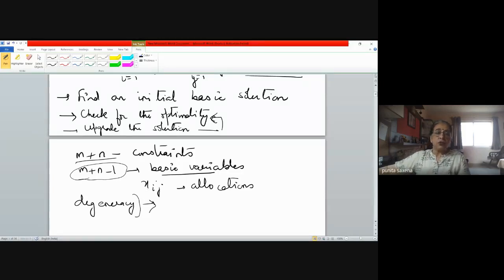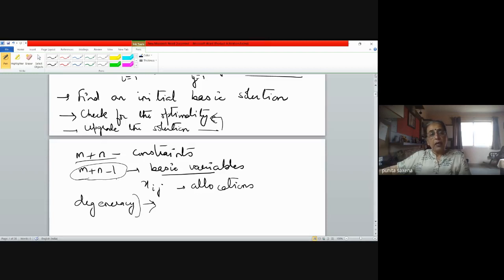Again, I'm repeating the steps. Number one, we have to test whether my transportation problem is balanced or not. If it's balanced, I proceed on to find the initial basic solutions. Once we have obtained the initial basic solution by any of the methods that we are going to describe, we have to check how many basic variables are there.